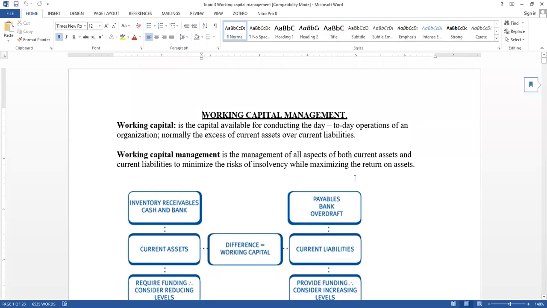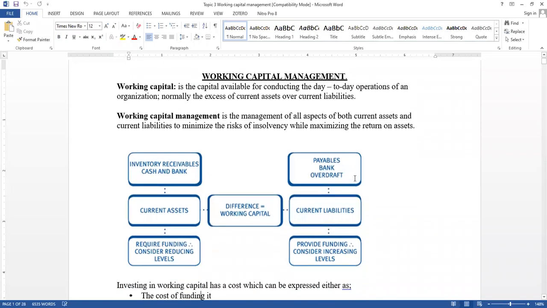Because if you have too much working capital, it is dangerous, but if it is low, it is also dangerous. So you must maintain a balance, which is not always very easy, because balancing your current assets and current liabilities really requires a lot of work for you to be able to match the two.